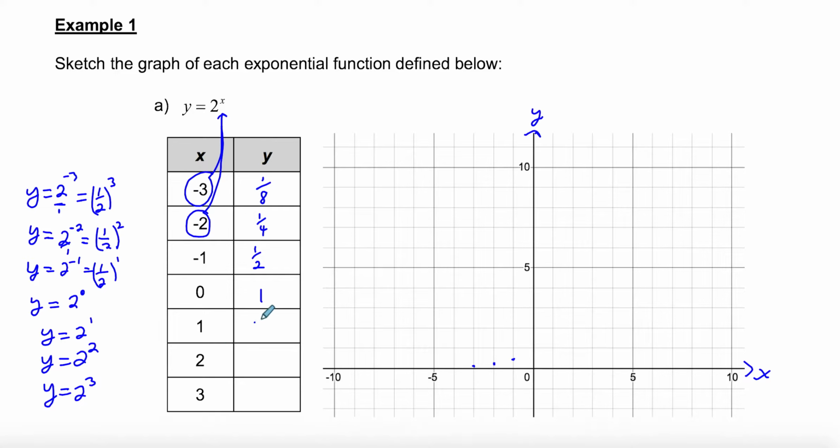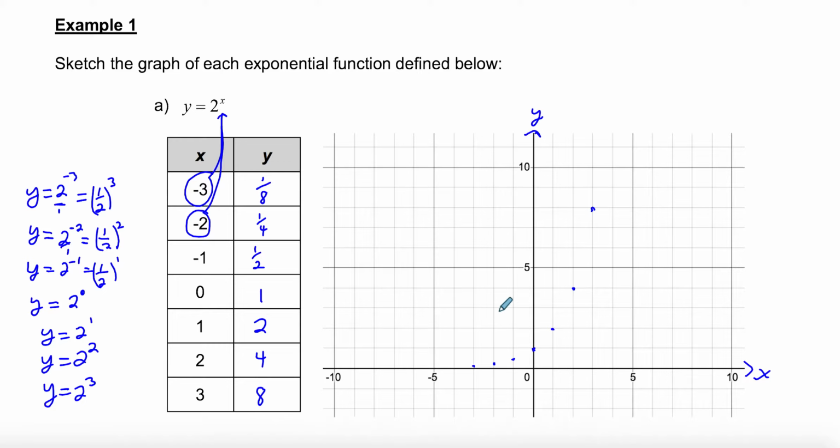So 2 to the exponent 1 is just 2, 2 squared is 4, 2 to the third is 8. So when we graph here, we would go through 0, 1, over 1 up 2, over 2 up 4, and over 3 up 8. So this is an exponential curve.